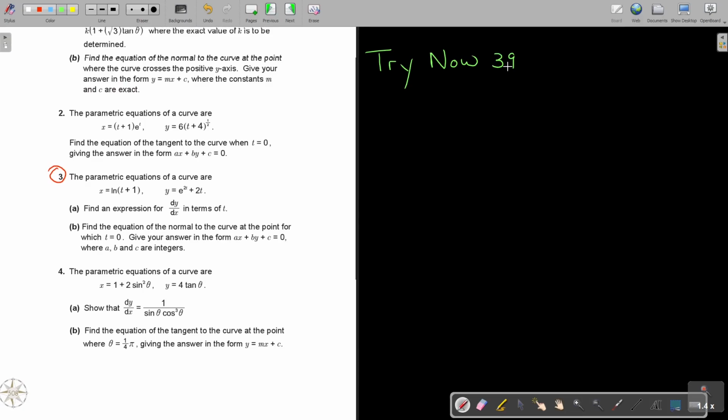Okay, let's start. So my two equations: x is equal to ln(t plus 1) and y is equal to e^(2t) plus 2t. Okay, so if I differentiate this, find the expression for dy over dx.